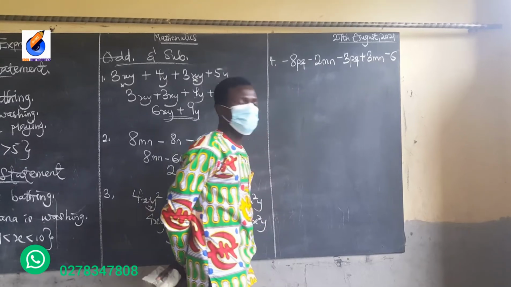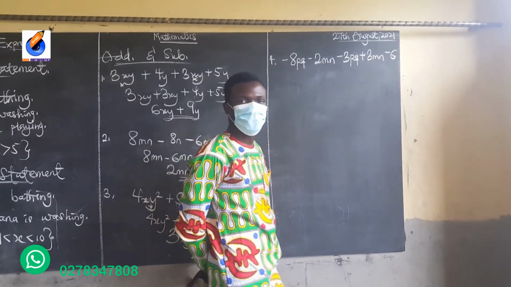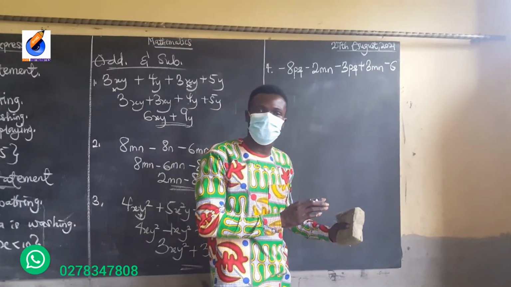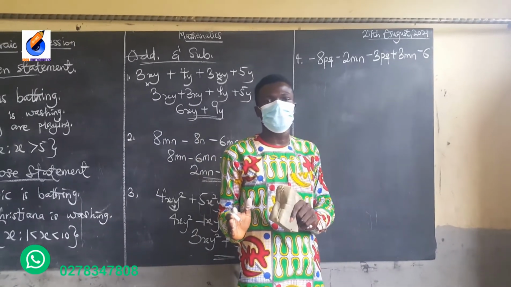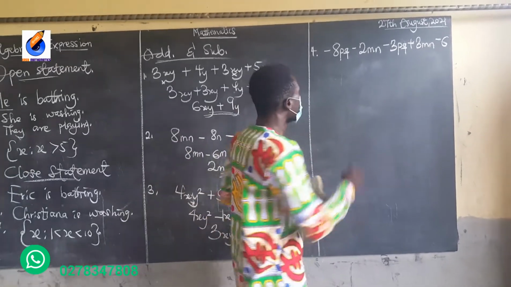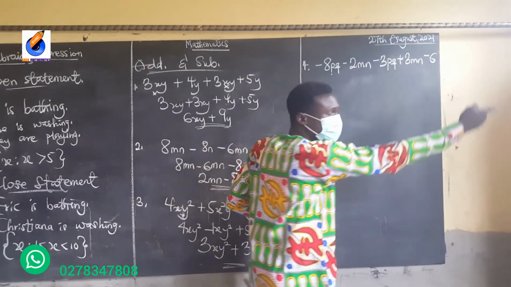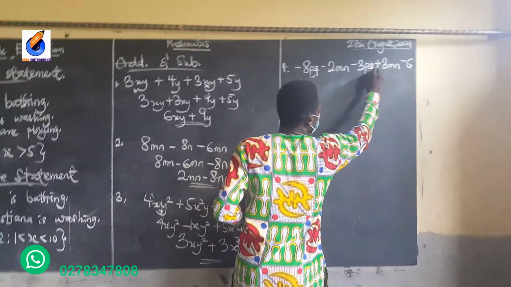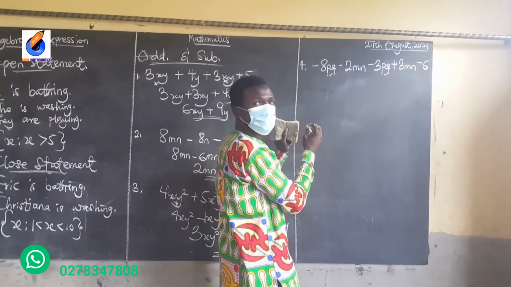We have this, we have to simplify. If you look at it, some terms have the same variables, others also have the same variables, and one term does not have a variable. So what do I do? pq, check if you can see any other pq. So this is pq, this is also pq. So group them at one side.